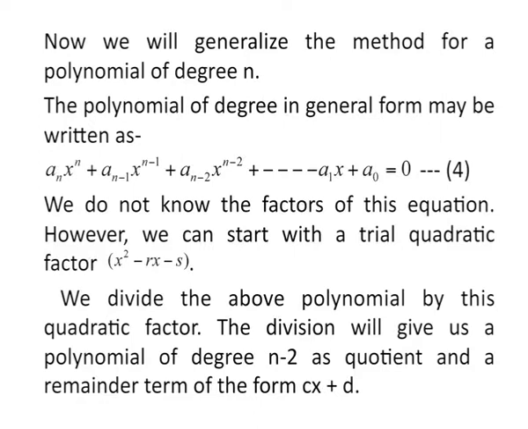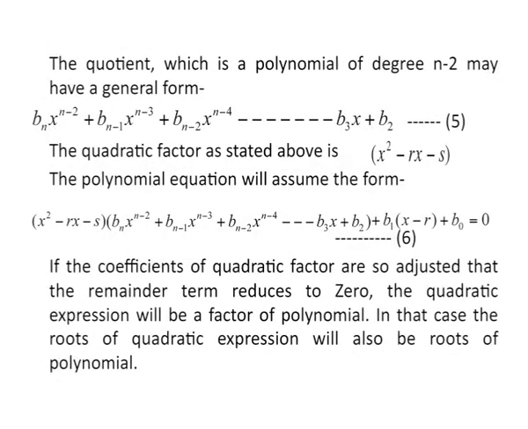The quotient, which is a polynomial of degree n minus 2, can be represented again in general form. As you can see in equation 5, the polynomial is represented with coefficients bn, bn minus 1, etc., and the quadratic factor is of course x square minus r x minus s.